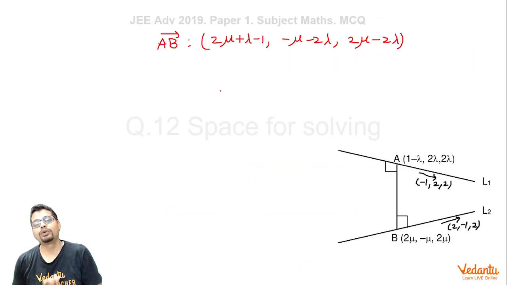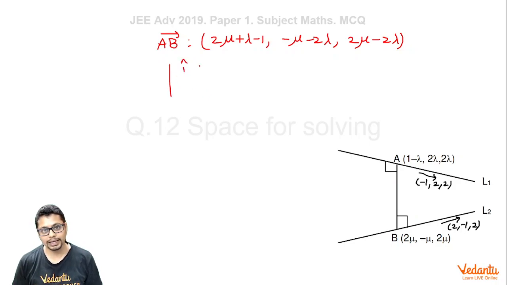Here again I would need the AB vector, which I have already written. And since the AB vector is a vector parallel to the line which is normal to both these skew lines, the AB vector would be collinear with the cross product of these two vectors, which are respectively parallel to these two given skew lines. So what about the cross product of these two vectors?